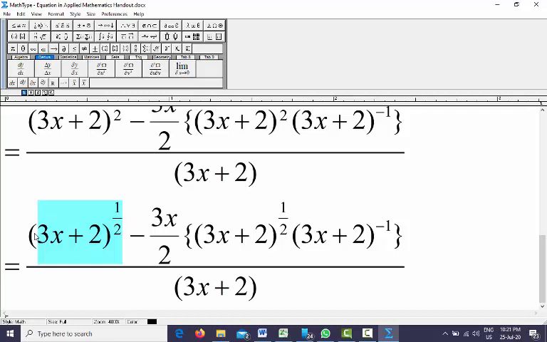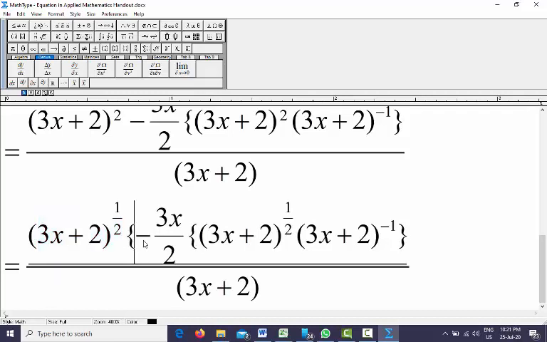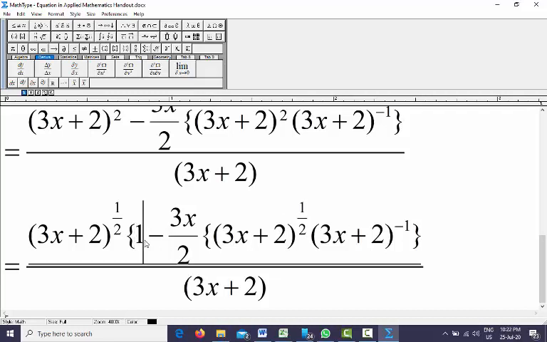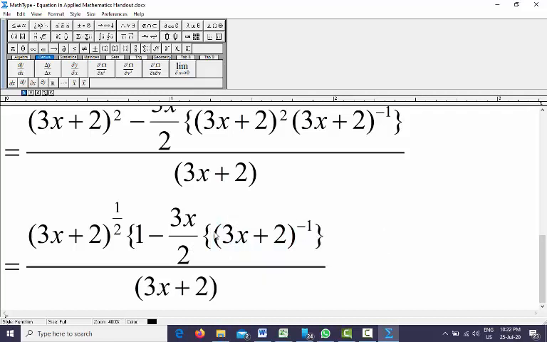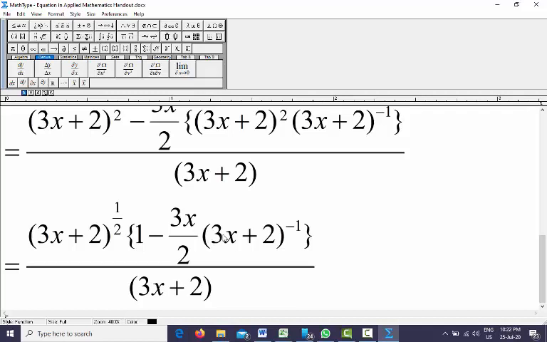In that case, we will have 1 minus 3x over 2, divided by... this one we have already taken common, so we will have only this one.